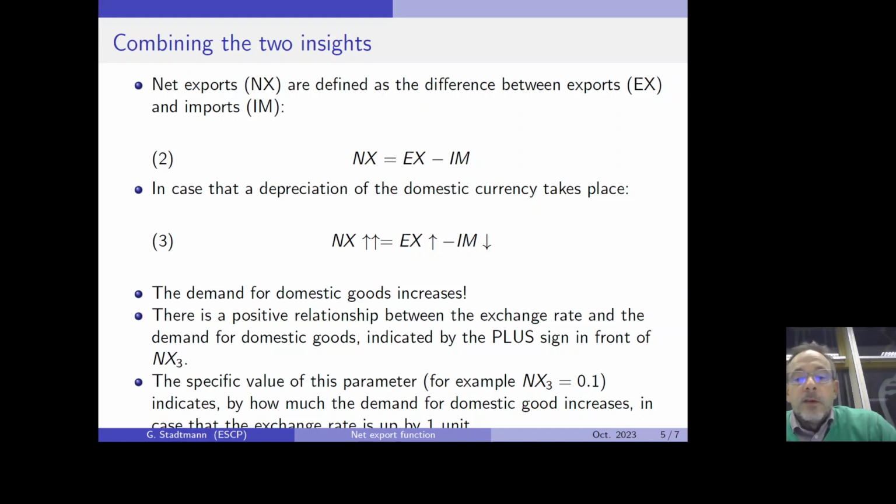The specific value of this parameter will indicate by how much the demand for domestic goods increases in case the exchange rate is up by 1 unit. So in case NX3 is equal to 0.1, this would indicate that when the exchange rate increases by 1 unit, then the demand for domestic goods is up by 0.1 units.